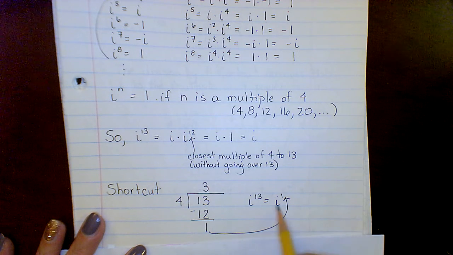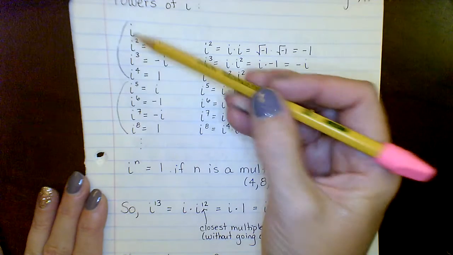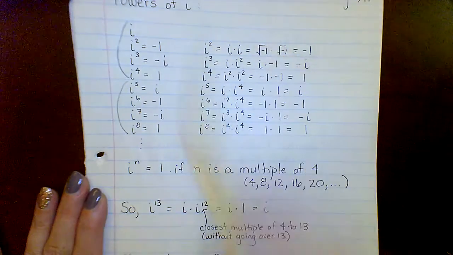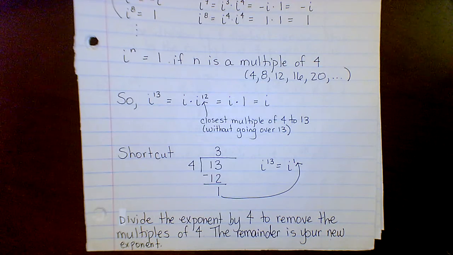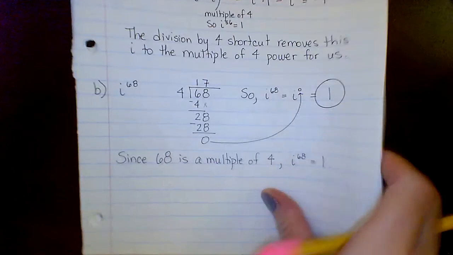This remainder is going to be somewhere between 0 and 3, so you're going to get one of these first 3 on here. So if you divide the exponent by 4, it removes those multiples of 4, and the remainder is your new exponent. That's a nice little shortcut for these.